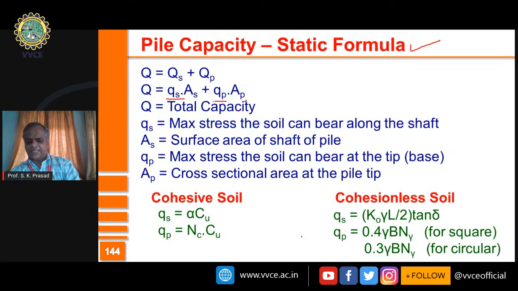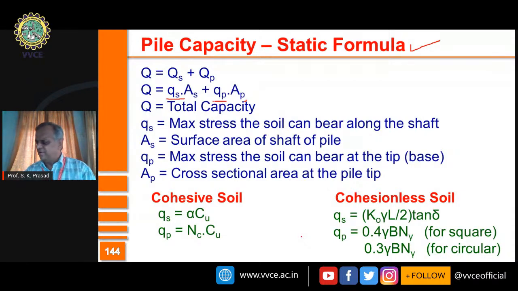If it is the other extreme, completely sandy soil, qs will depend upon how much is the confinement. And you know that the confinement, the horizontal stress, is equal to vertical stress multiplied by K0, which is the coefficient of earth pressure. And the shear resistance will be equal to this normal force perpendicular to the plane into tan delta, where delta happens to be the friction between the soil and the pile.